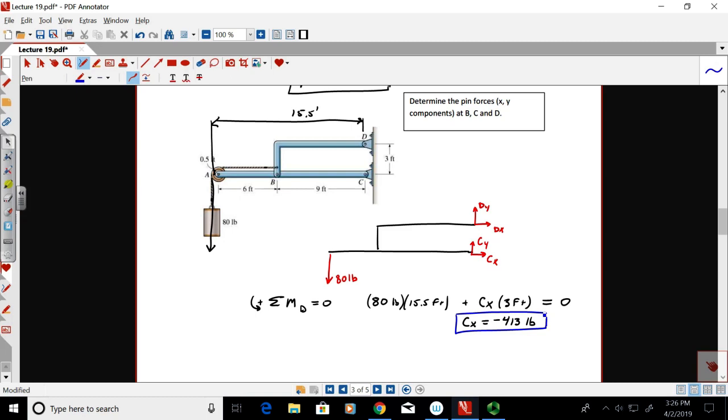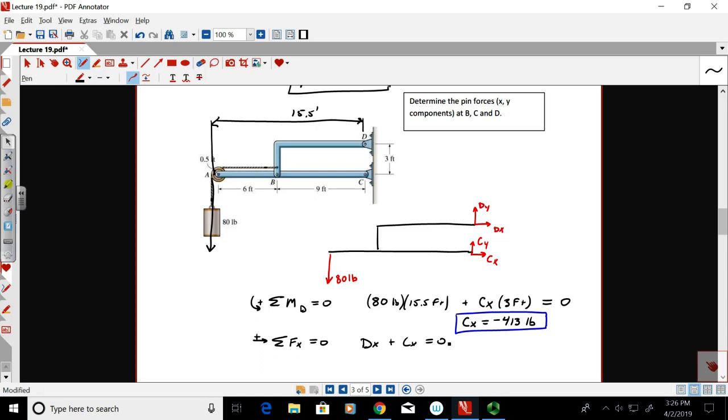That's all. Now, by the way, that means we also can solve for DX, right? The sum of the forces in the x direction equals 0, being positive. That looks like DX plus CX equals 0, right? Is there anything else in the x direction in the free body diagram I drew?